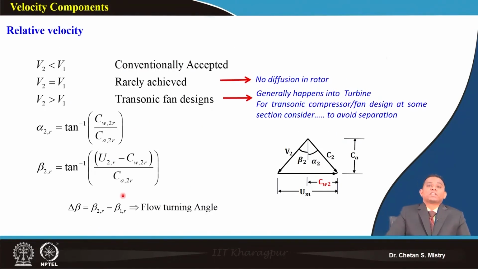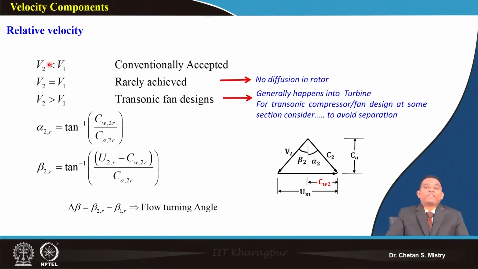Then we have discussed a very important parameter, called the relative velocity ratio. We have defined that as the de Haller's factor. Here, this is representing my exit relative velocity, and on this side I have the entry relative velocity.